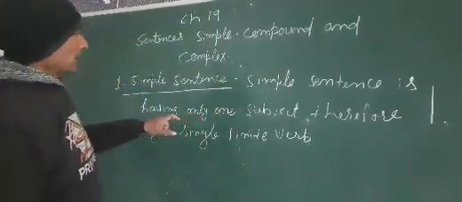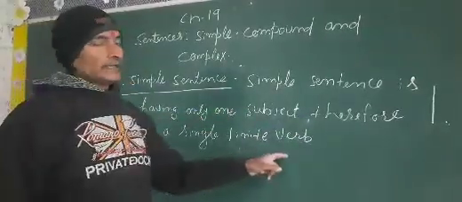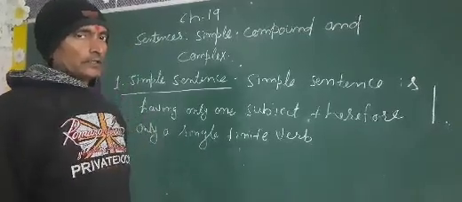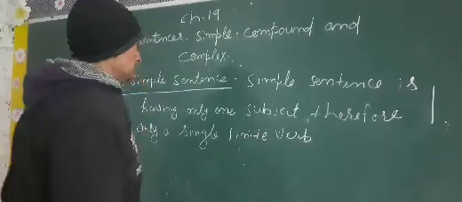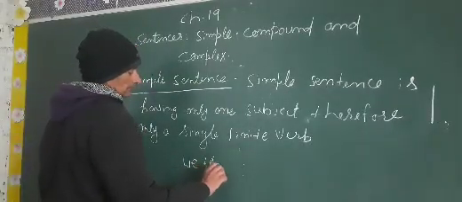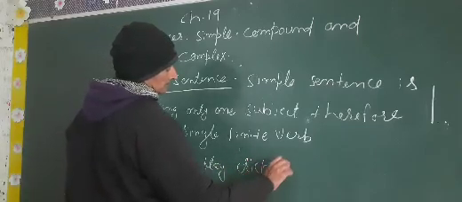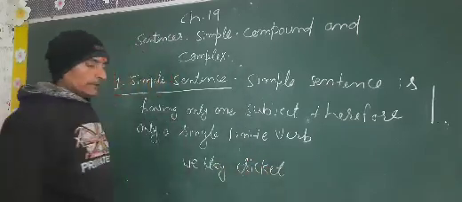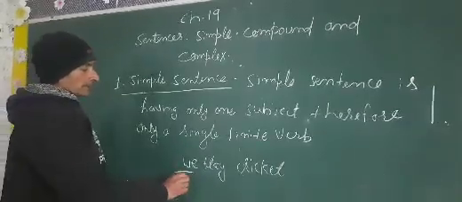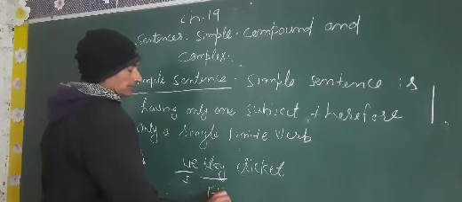Simple sentence is having only one subject, therefore only a single finite verb in simple sentence. For example, we can say that we play cricket. In this example, this is subject and this is finite verb.